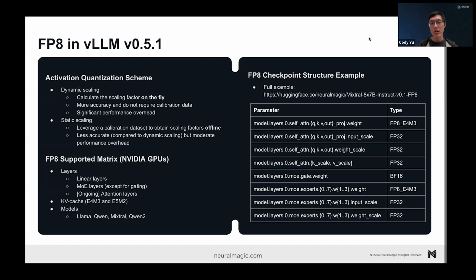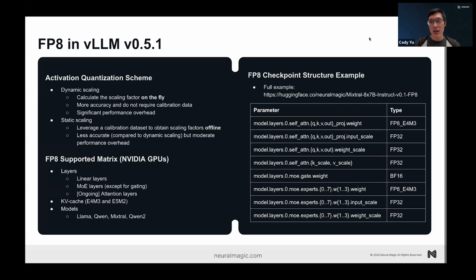But most of the MOE models only have 8 experts, so we would have to pad 8 experts to 16 experts to get all the performance benefit from FP8. So we currently keep it in FP16. But hopefully this limitation can be removed so that we can get another round of speed up in the MOE model. And the rest are the experts, W1, W2, W3.